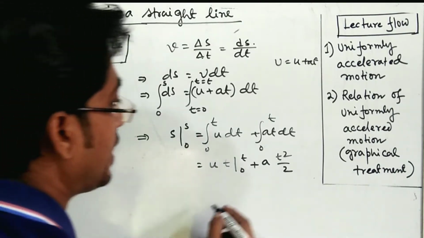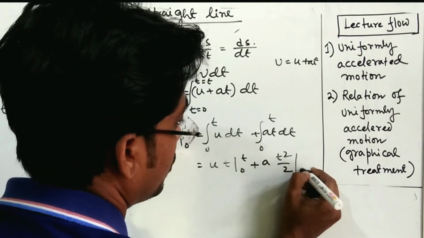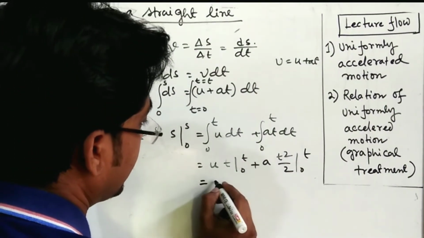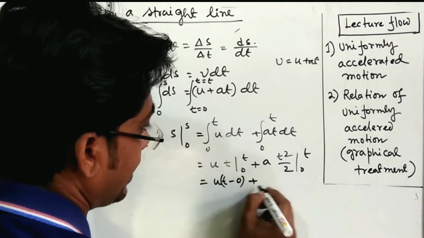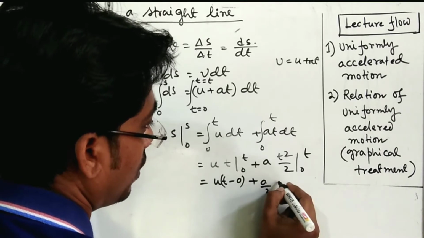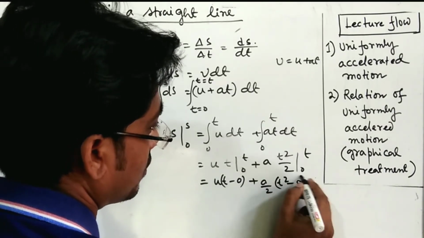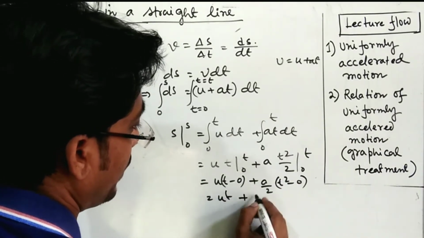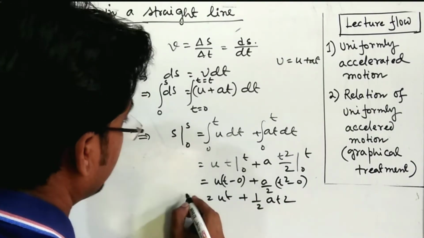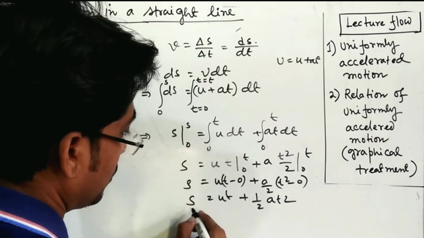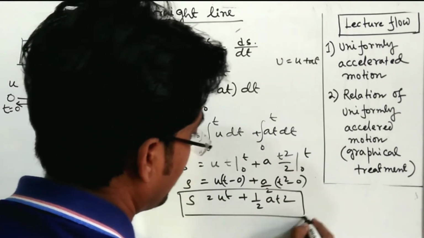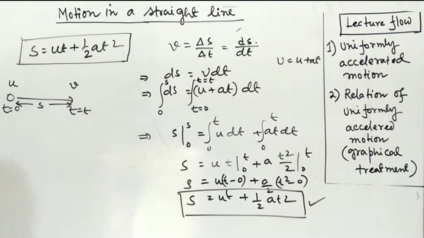This formula we have applied here. Now it will be 0 to t. So we get u, upper limit minus lower limit, again a by 2, upper limit minus lower limit. So it is equal to ut plus half at square. So that is s here. Okay, so again we got the formula s is equal to ut plus half at square.